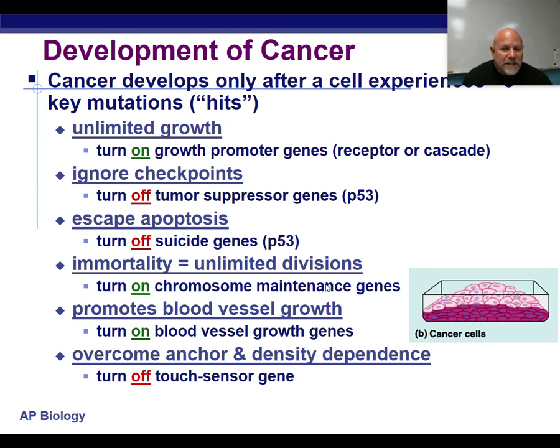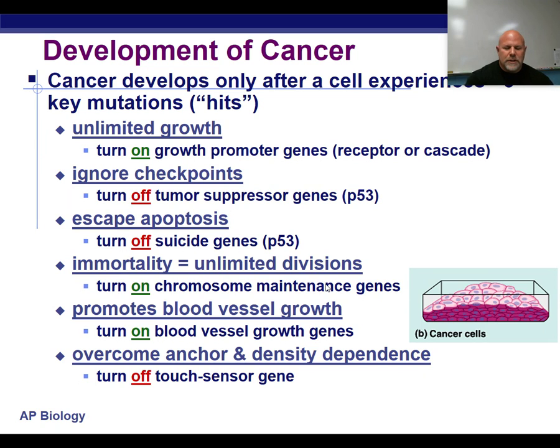You need modified genes to increase blood flow to the tumor. And in order to get over the anchor, see, cells normally want to be anchored and they want to grow in a single layer. We call it density dependence. And to get over those two things, the fact that we want to be anchored and grow in a single layer, we have to have modifications to those genes.